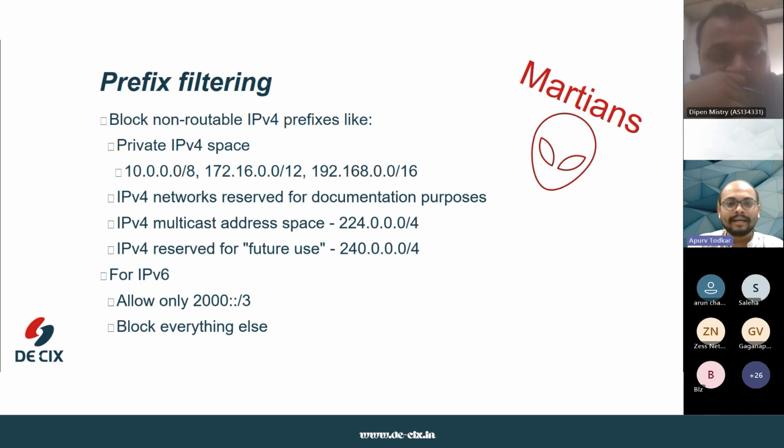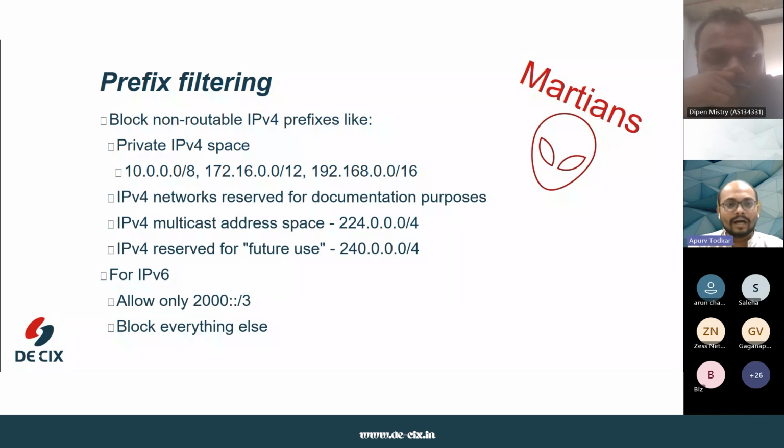You don't need those addresses in your normal BGP routing table, so they should be filtered out as well. Then you have the unallocated IPv6 space; 2000::/3 is the space assigned for global use, so you want to block everything outside of that subnet.